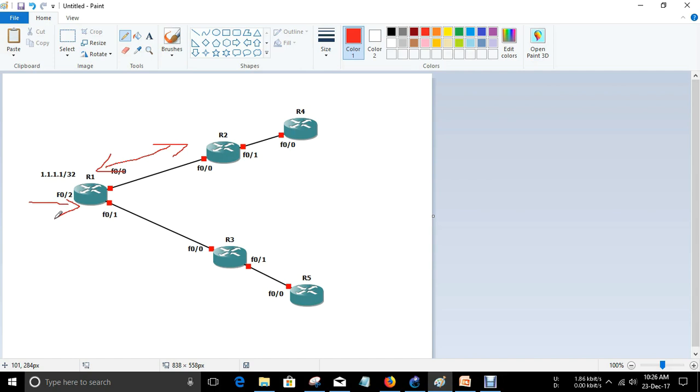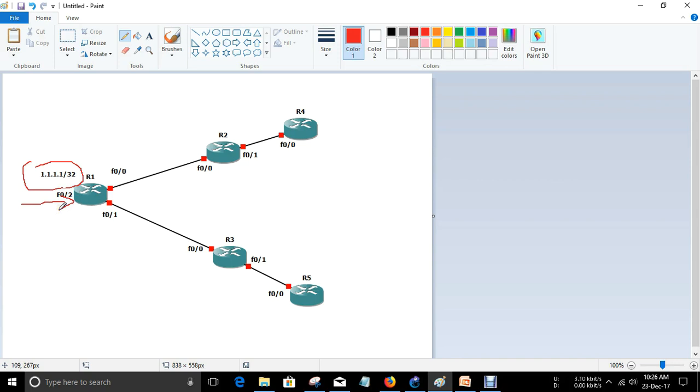Next is the query packet. Let's consider this network, 1.1.1.1/32, that is learned from the FastEthernet 0/2 interface from some other neighbor on the left-hand side of R1.